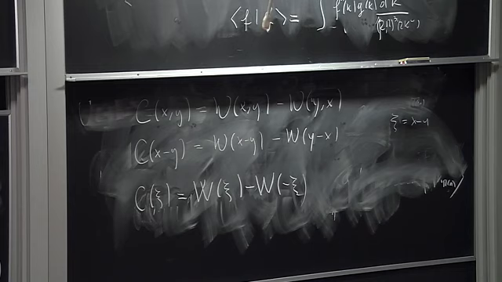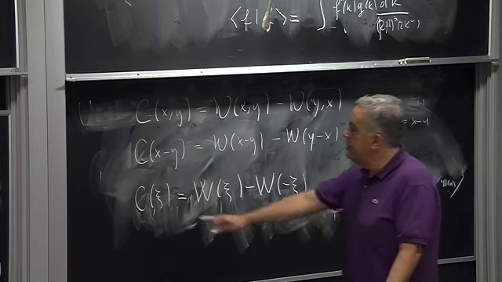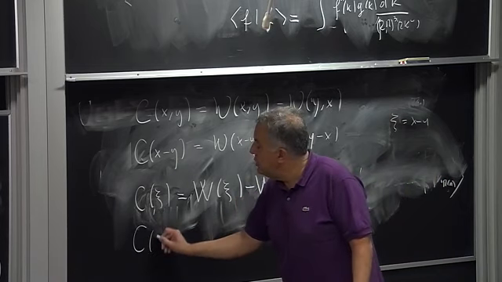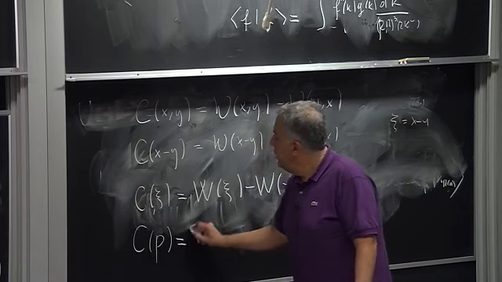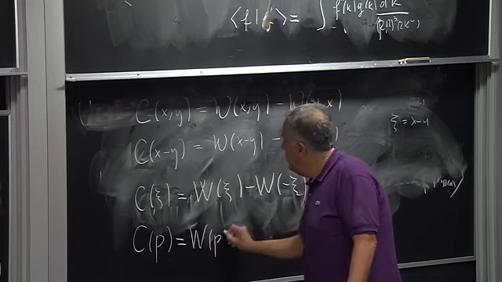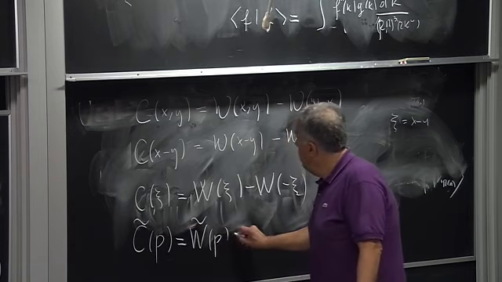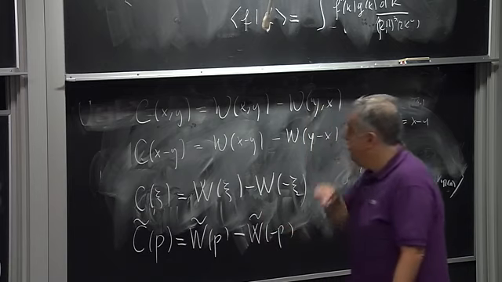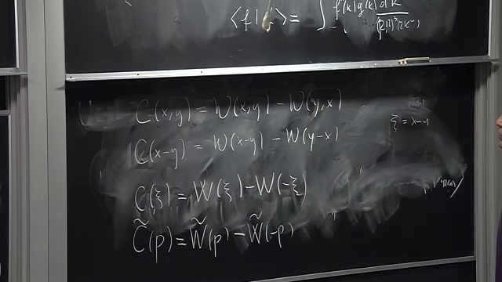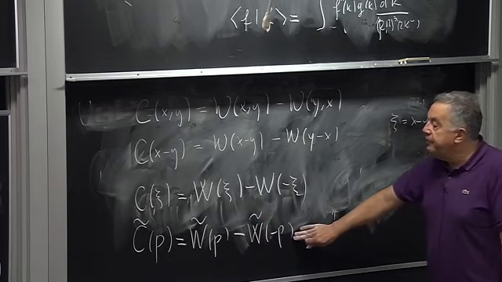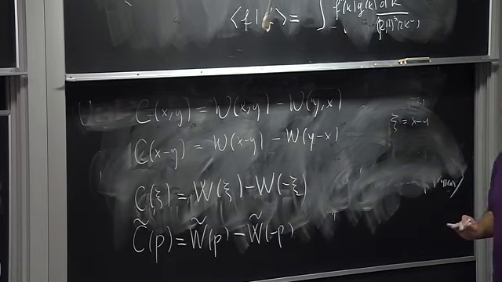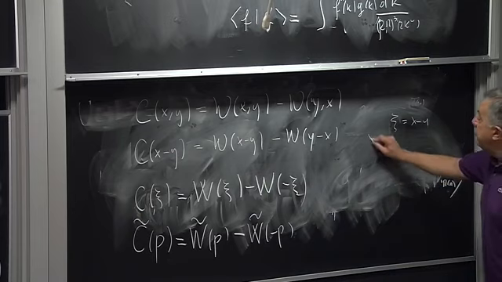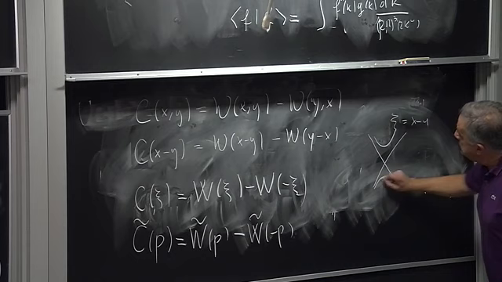Then I apply the Fourier transformation with respect to this variable psi, and I get the equation C of p equals W of p minus W of minus p. Okay? In this particular case, C of p has already this structure.